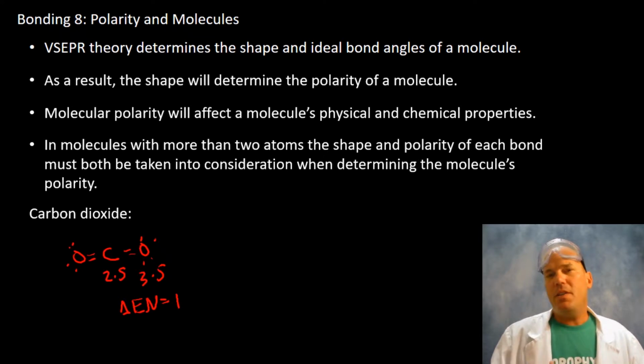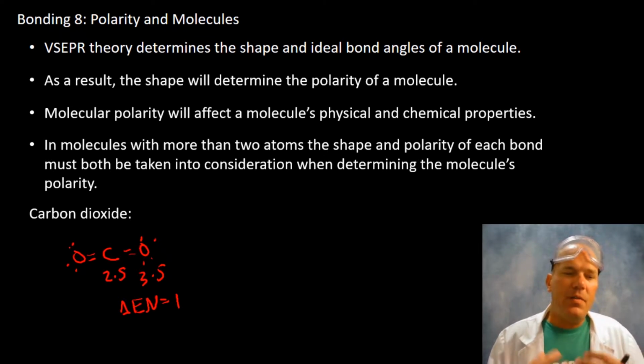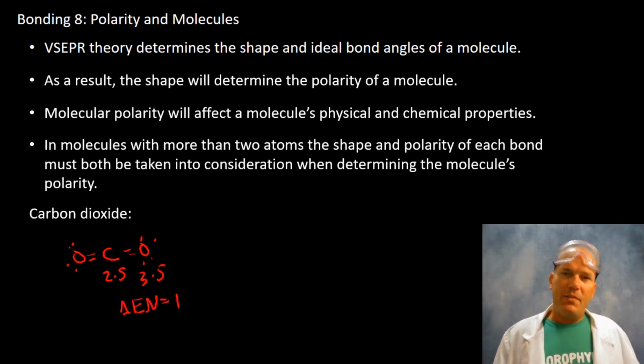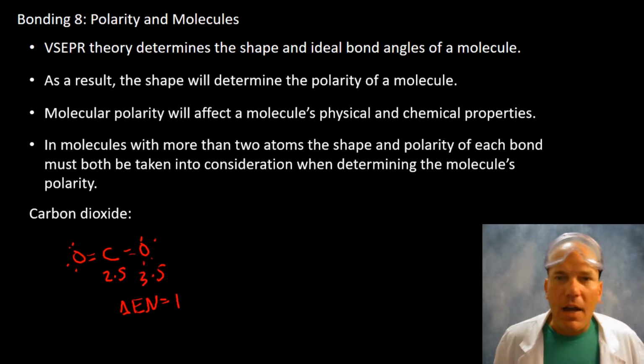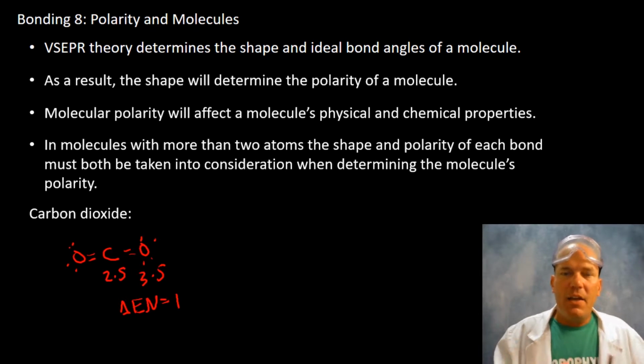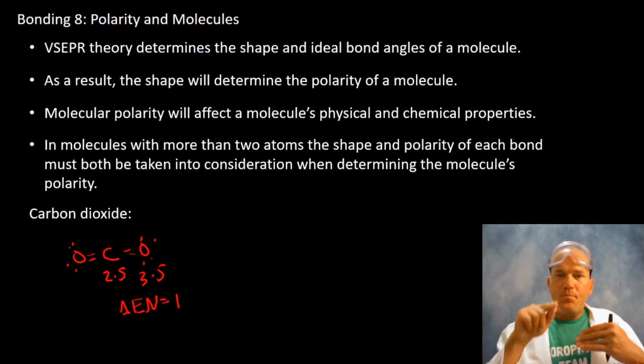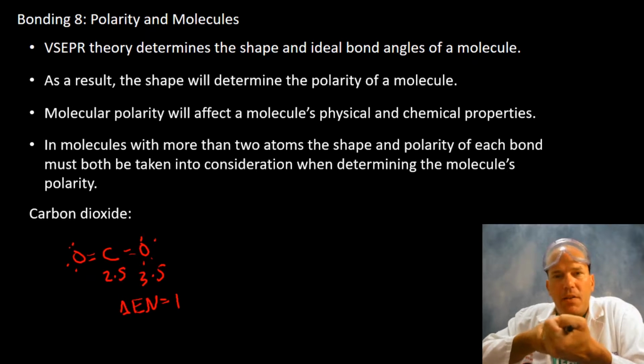So I would use the analogy of a tug of war. Carbon's in the middle, and I'm oxygen, and I have a 3.5 on a relative scale, on a qualitative scale, and you're the other oxygen on the other side, 180 degrees between us, so a straight line from me to you, and we're going to have a tug of war.